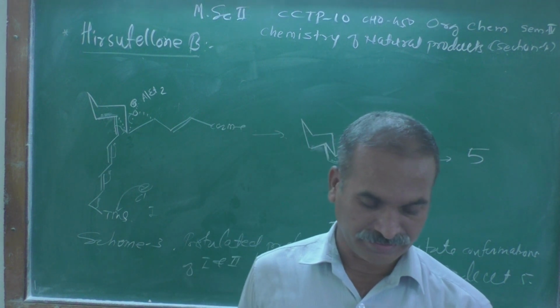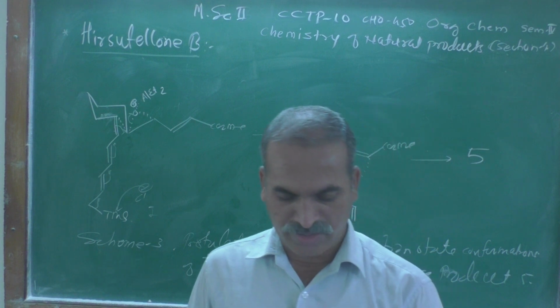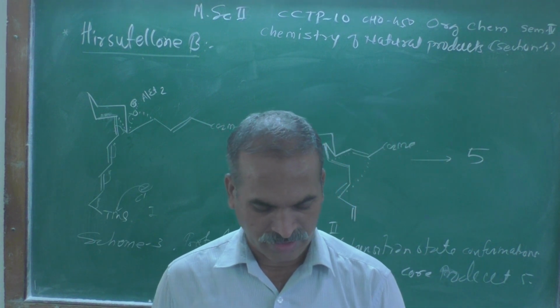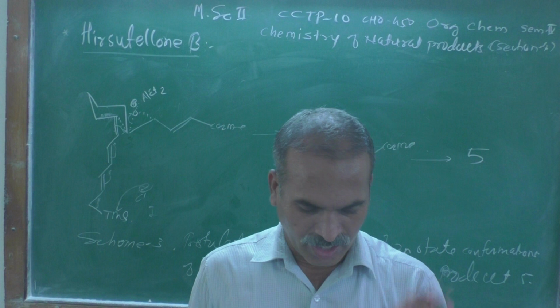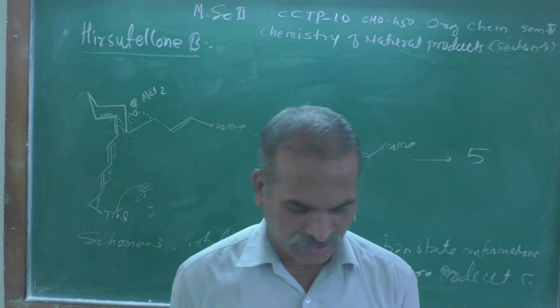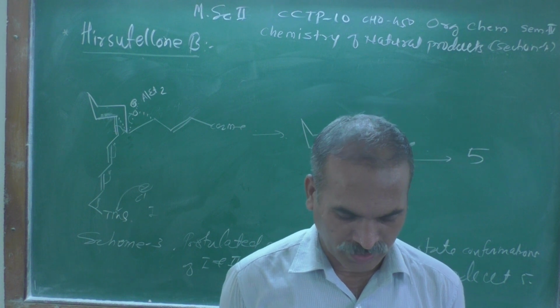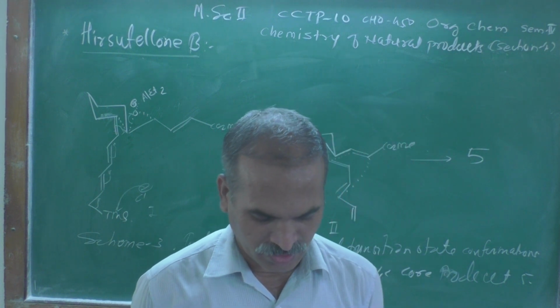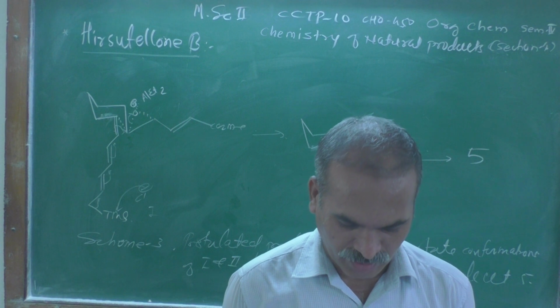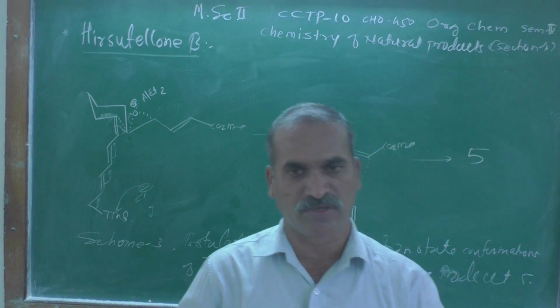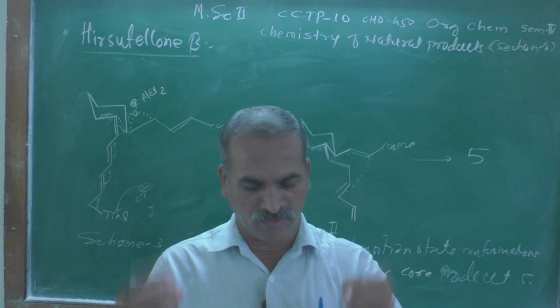Whereas the endo transition state second, scheme 3, explains the stereoselectivity of the incipient 4 plus 2 cycloaddition reaction to afford product 5 exclusively, meaning there is no alternative major product.